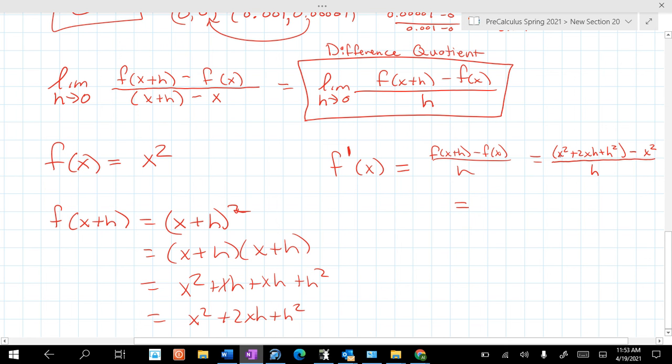Now let's simplify. What's x squared minus x squared? 0. So it's 2xh plus h squared over h. And while we're doing this, this is the limit of this as h approaches 0.